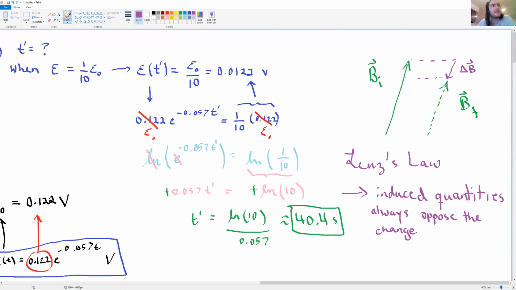And the way I phrased it was they always oppose the change of the ambient quantities. Ambient meaning the values of the magnetic field, the current, the EMF, that are there before the change occurs.